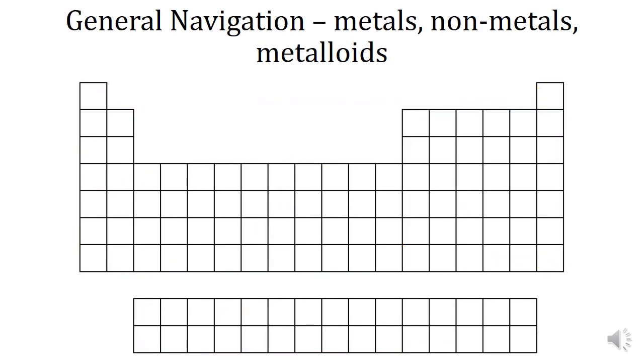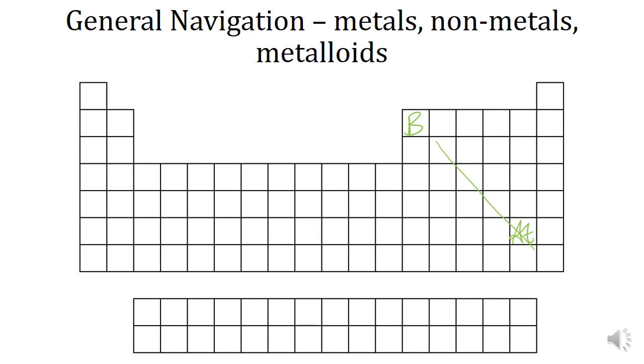Metals, non-metals, metalloids. If you're getting stuck, start with boron up here and astatine down here and draw a diagonal line in between them.